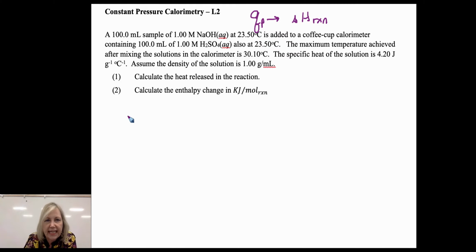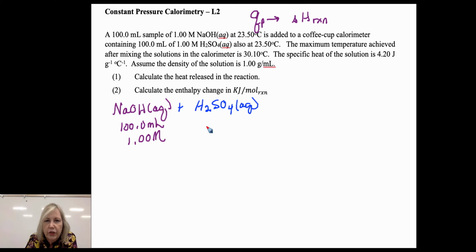So in this case, we have a sample of NaOH, aqueous, and we have a 100 milliliter sample. I always want to list your givens. It will really help you in your problem solving. And 1 molar. And I'm going to add to that sulfuric acid.